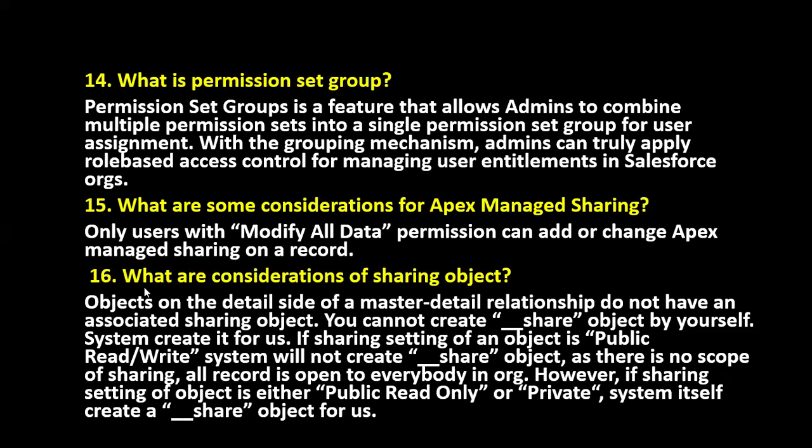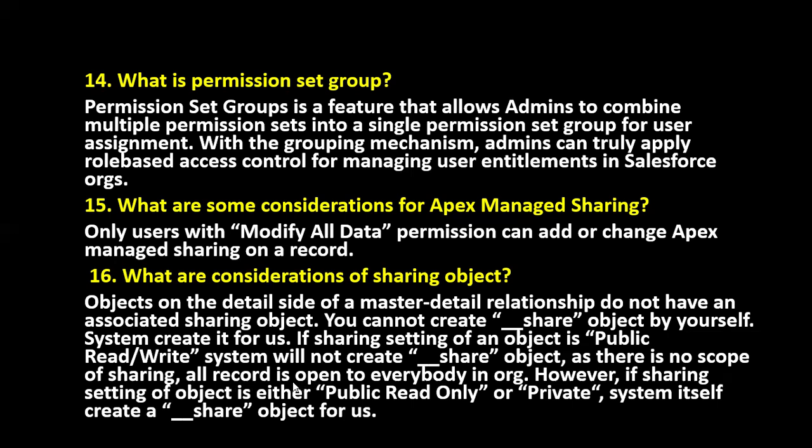Next question: what are the considerations of the share object? The detail side of a master-detail relationship does not have an associated sharing object. You cannot create a share object by yourself. The system creates it for us if the sharing setting of the object is not public read/write. For public read/write, the system will not create the share object as there is no scope of sharing.